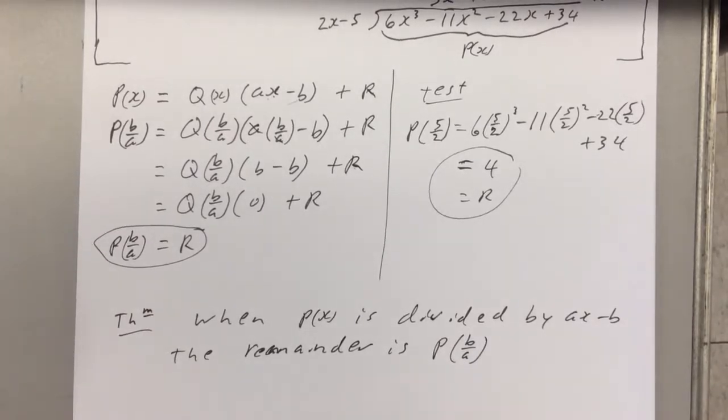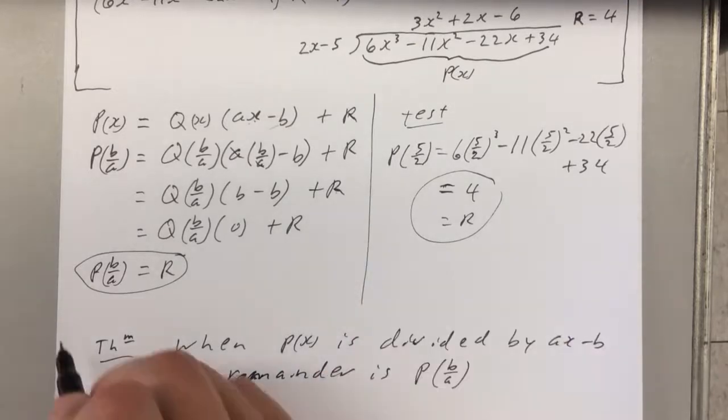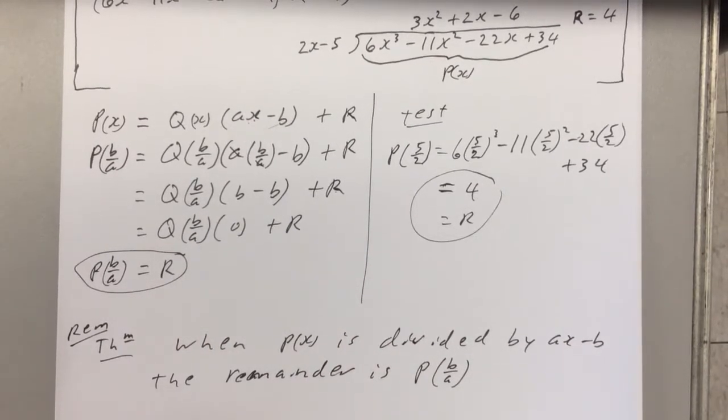Okay. And this gives us the next theorem, which is the useful one, which is, so this is the remainder theorem, and then we have the factor theorem.